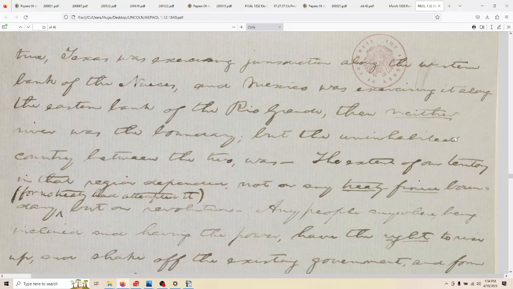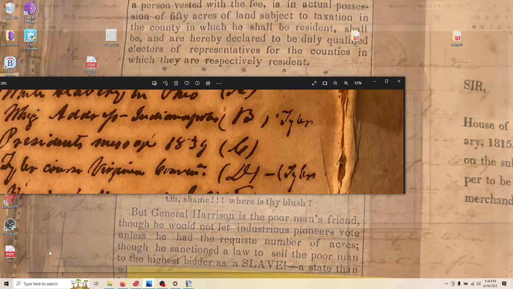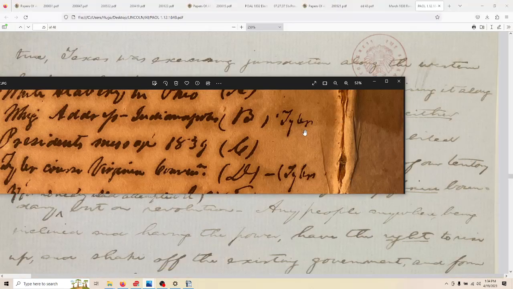Again, we're looking at the R, and you can see the R after page 10 on this word neither. So he does that at the end.